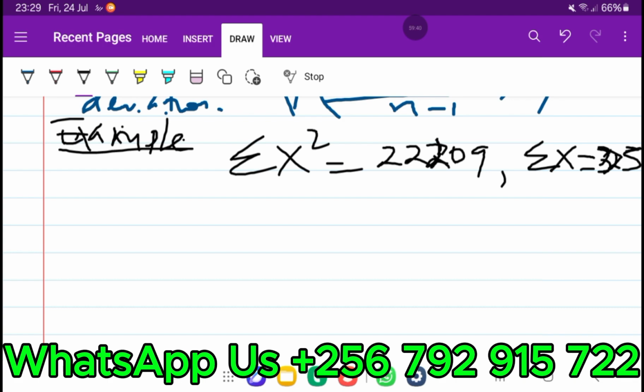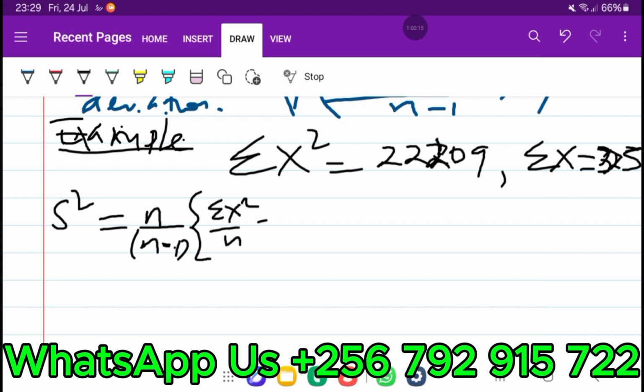We said sample variance, or s squared, is equal to, let me start with this big one, n over n minus 1, the whole of this, summation x squared over n minus summation x over n bracket squared.